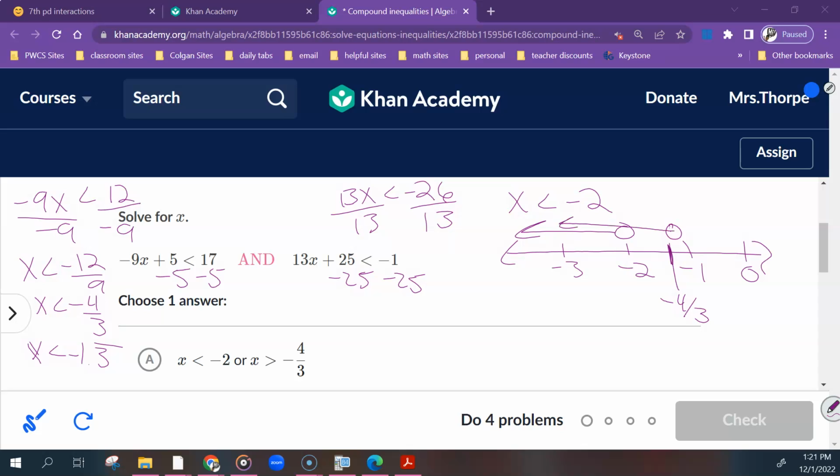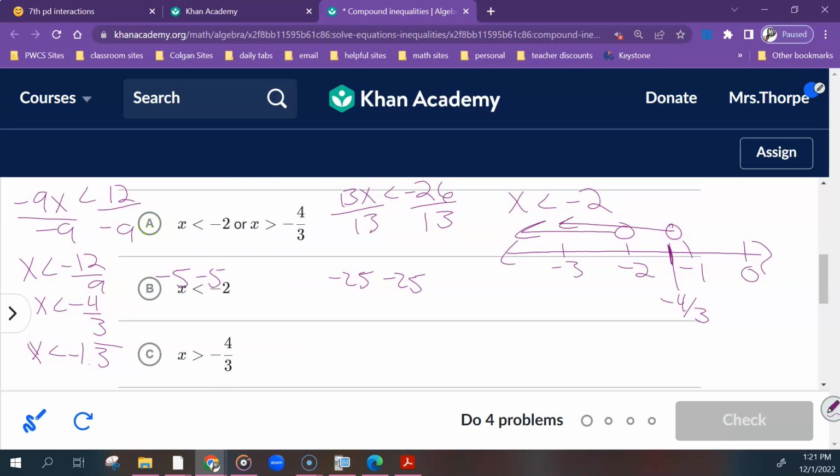So if this is an and, you're still looking for where do they overlap? Where do these overlap? Starting at negative 2 and then onward. So that means everything less than negative 2, they're going to overlap everywhere. So that would be at negative 2.